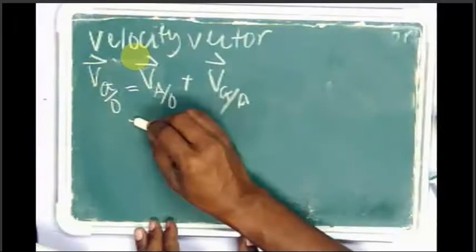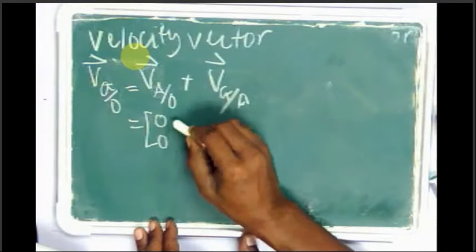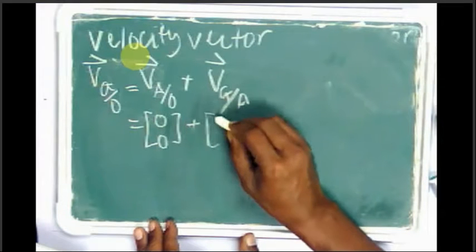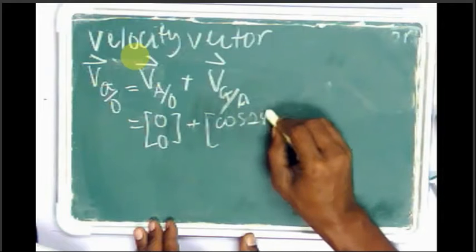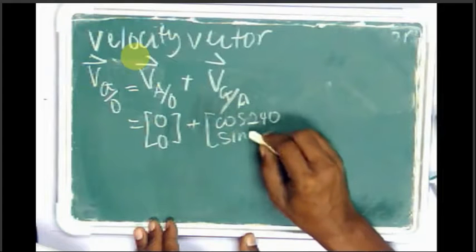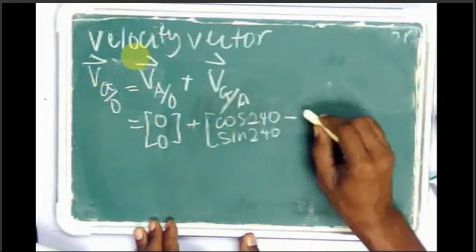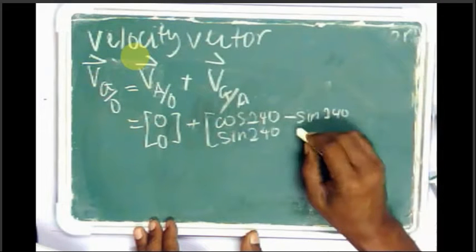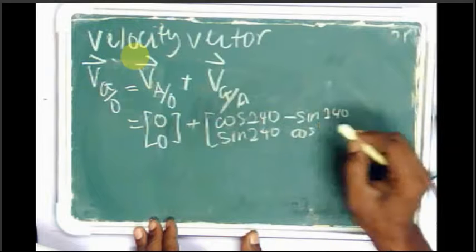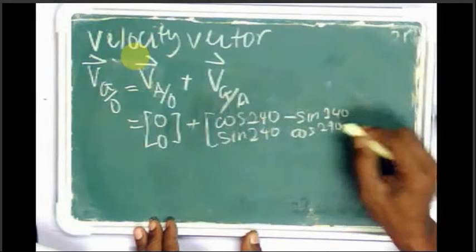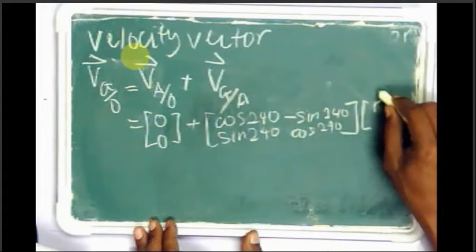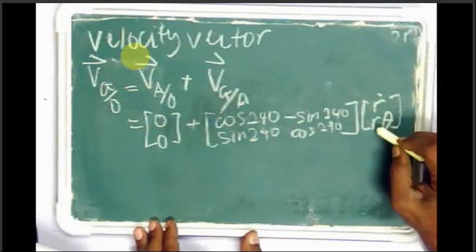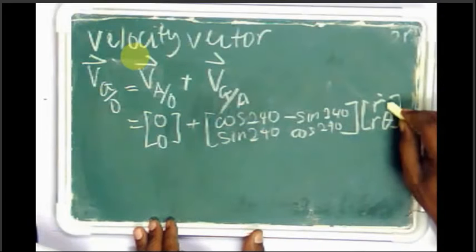So this one can be written as 0i and 0j for the absolute velocity there, and then we have cos 240, sine 240, minus sine 240, cos 240, and then we have r dot and the radius location between point A and G, and the angular speed.